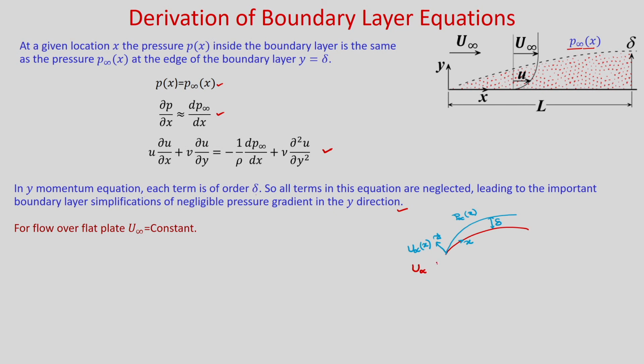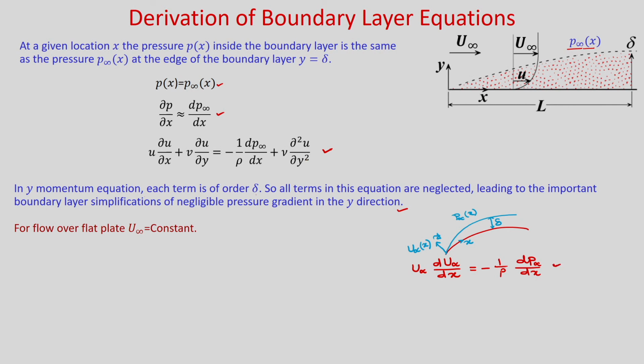Here u is a function of x only, so you can write du infinity by dx, and v is very small, negligible, so you can drop this term. This is equal to minus 1 by rho dP infinity by dx, and obviously outside the boundary layer u is a function of x only, so del 2 u by del y square will be 0. So, you will get this equation.